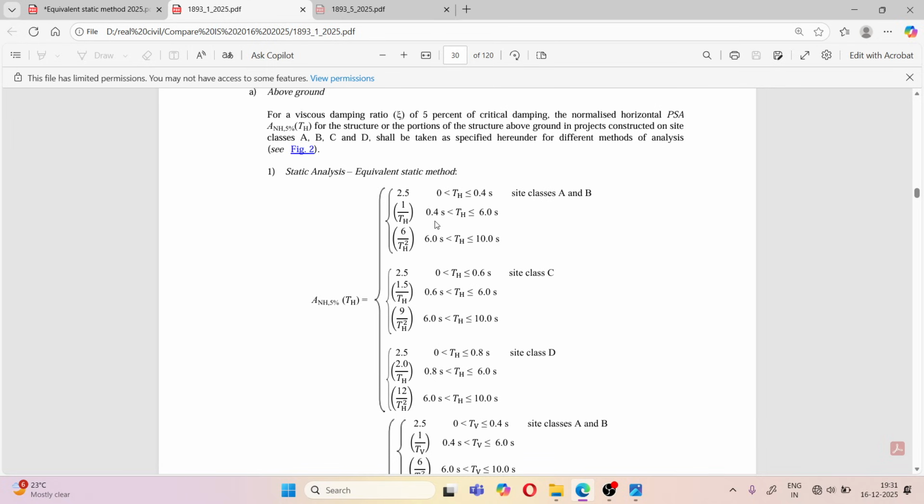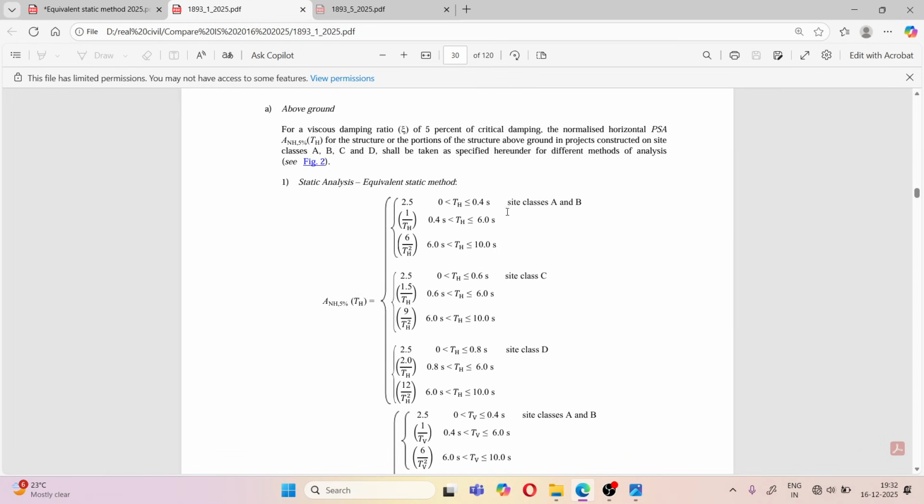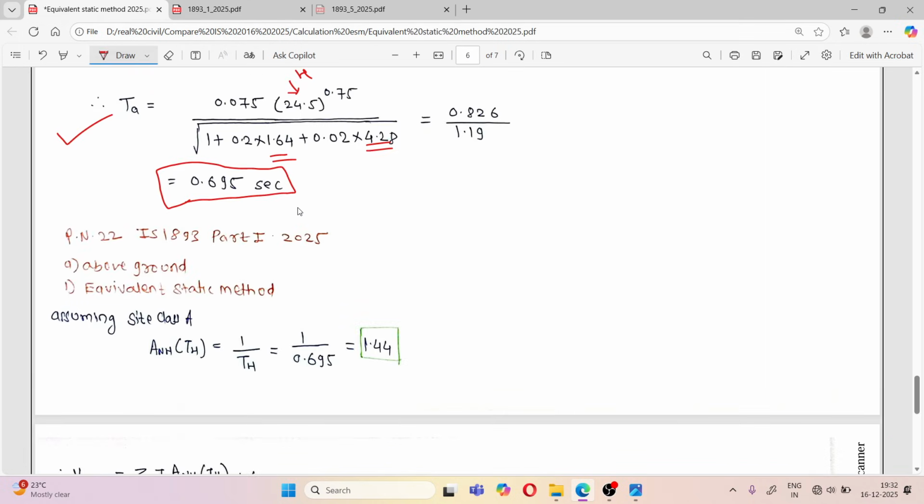So our time period lies between 0.4 to 6. So A_NH(T_H), which was previously Sa by g, will be 1 upon T_H. So the second category, site class A, B, our time period is ranging between this, so 1 upon T_H. We have found the time period. Just put the value, you will get A_NH 1.44.